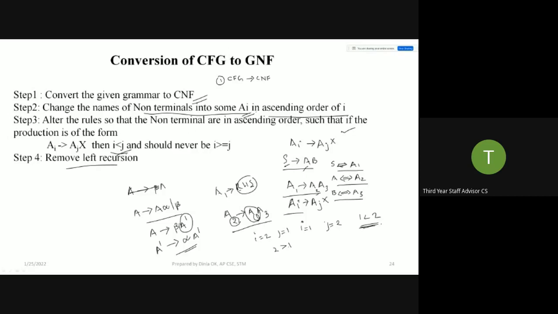Then we check whether Ai implies Aj X, whether I is less than J. If it is okay, then we can handle left recursion if it exists.